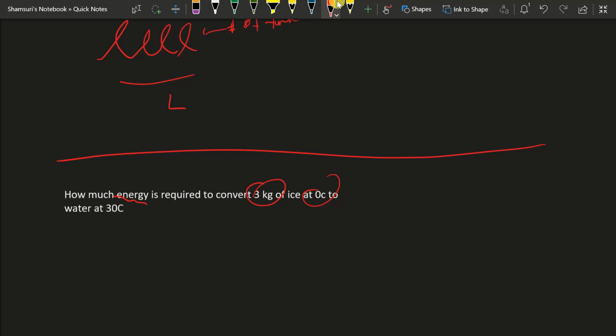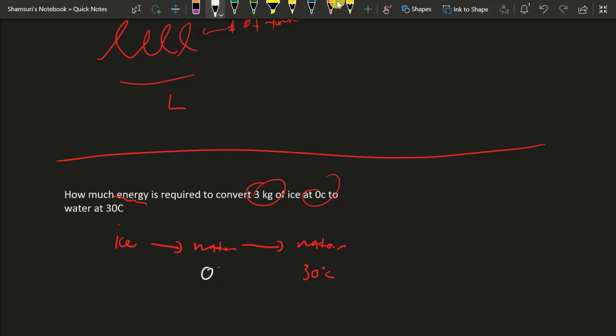So the ice melts to water at 0 degree, and then that water is heated to water at 30 degree.